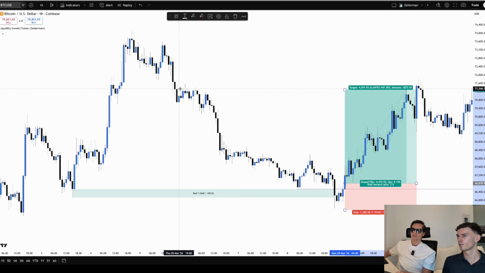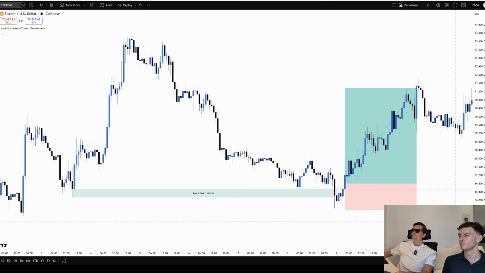In this case, we have a little bit of a swing structure, an internal structure. We get a fractal forming right there, so we can target this fractal as the first target. So this would have been a nice 1 to 3.5 in risk reward. Perfect, in this simple trade.